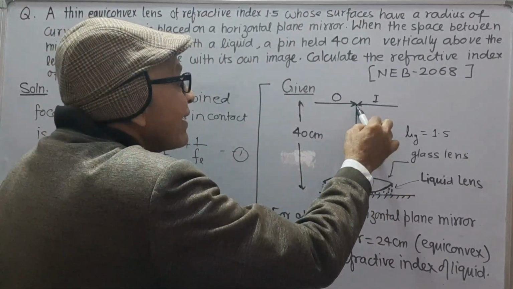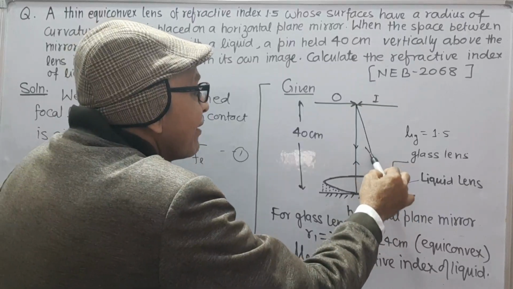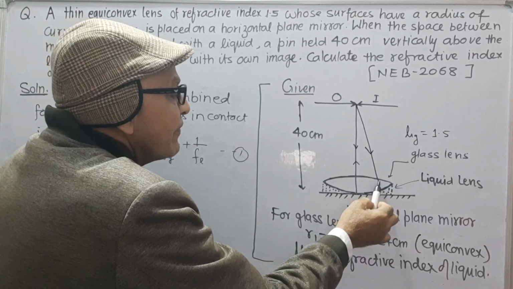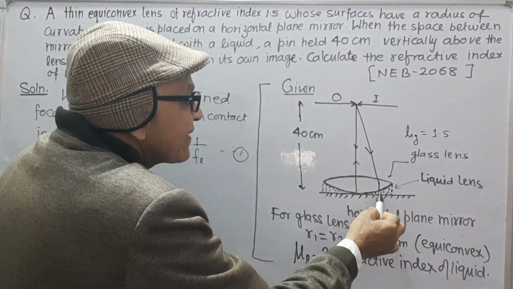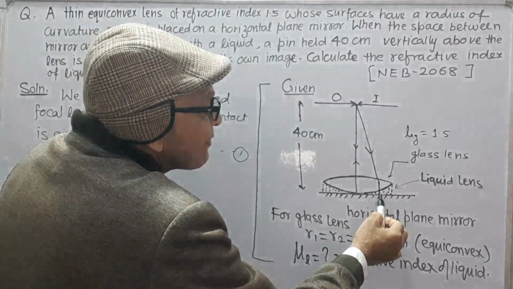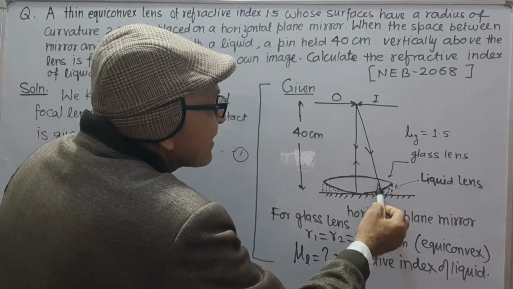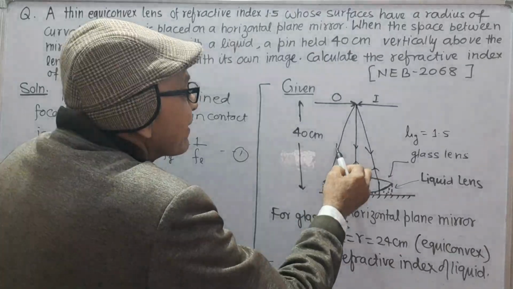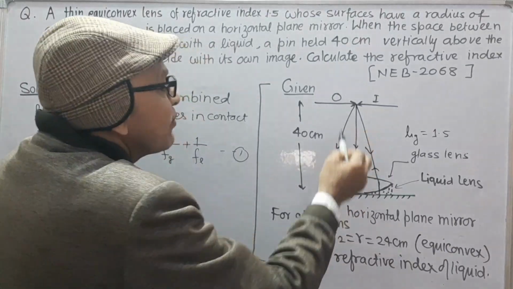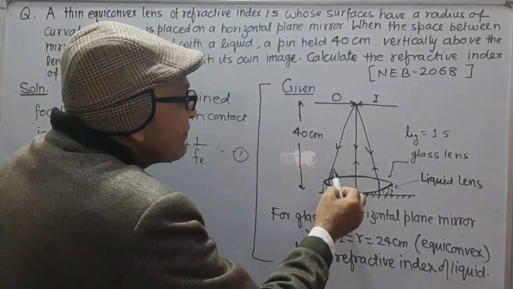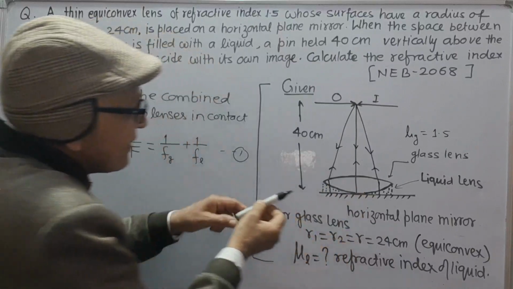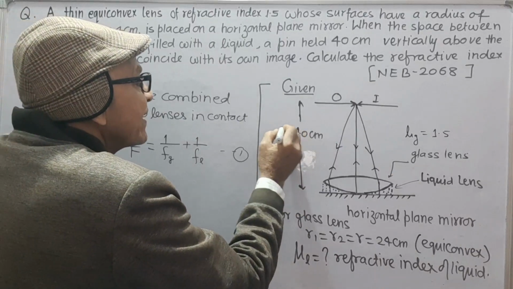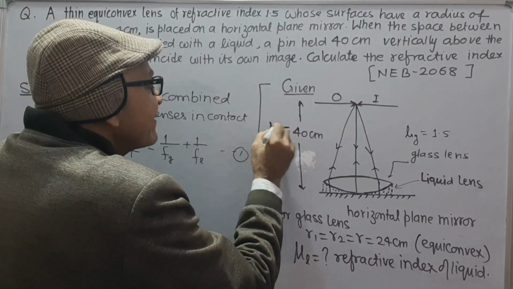Again, any ray coming from focus will become parallel to principal axis, and again on the plane mirror it will be reflected back. Similarly, this side also ray coming from focus will become parallel and will be reflected back. Means this point will be the combined focus, so we can write this as capital F.